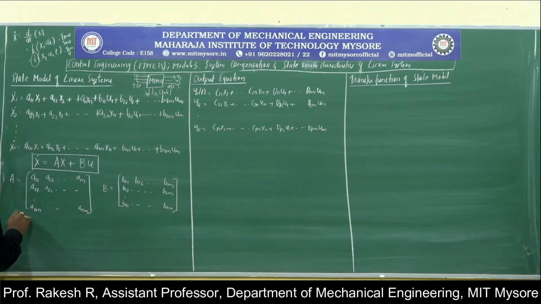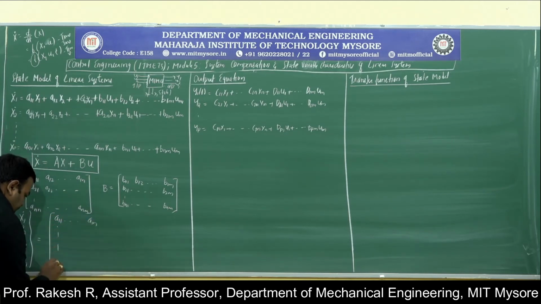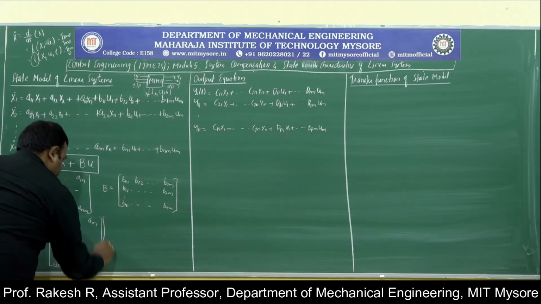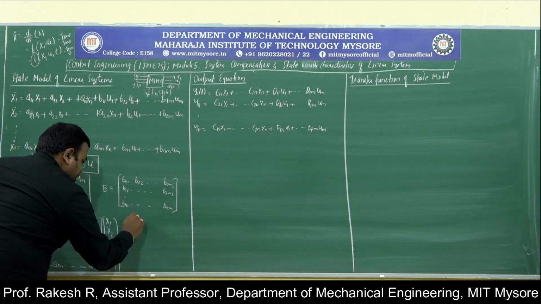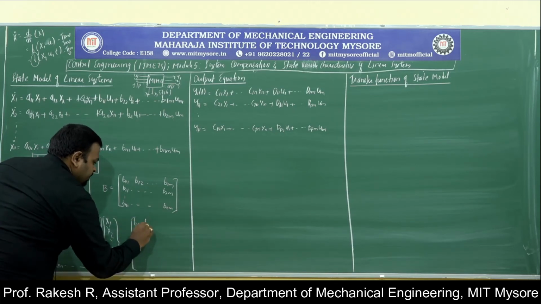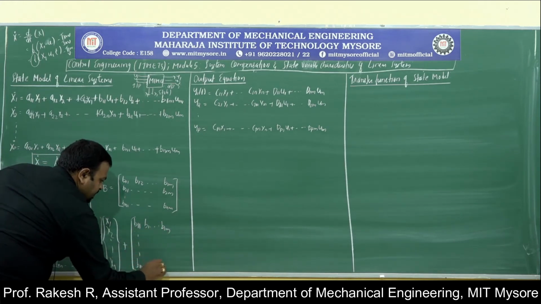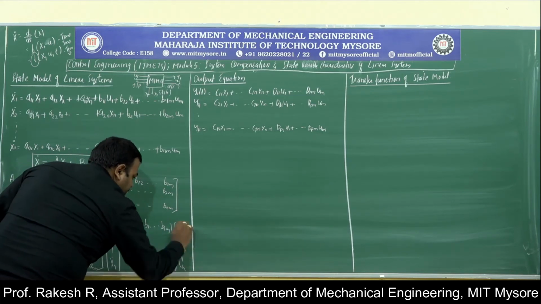So if I write x1 dot, x2 dot, x3 dot up to xn dot, it will be equal to A, that is a11, a1n up to ann, into x1, x2 up to xn, plus B, that is b11, b12 up to b1m, bn1 up to bnm, into u1, u2 up to un.